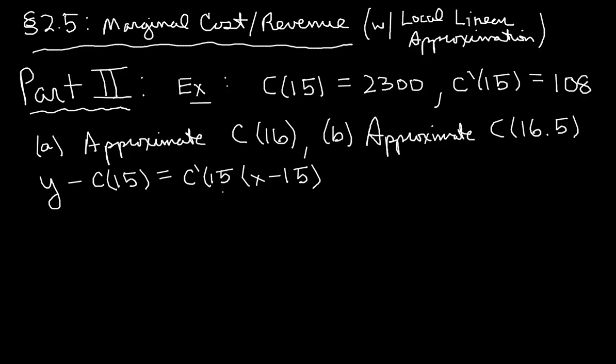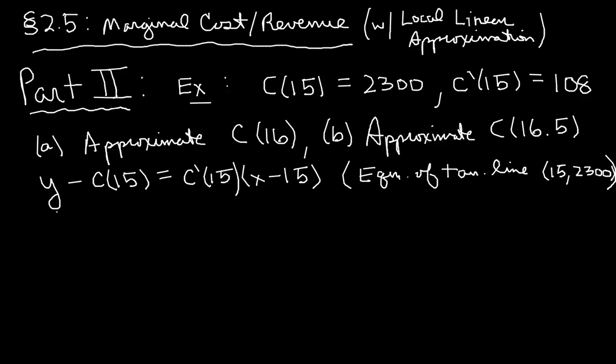This is the equation of the tangent line, but it's the tangent line at a particular point, (15, 2,300). And remember, these y values represent the y values on this tangent line. And we're going to use the tangent line to approximate the value of the function.